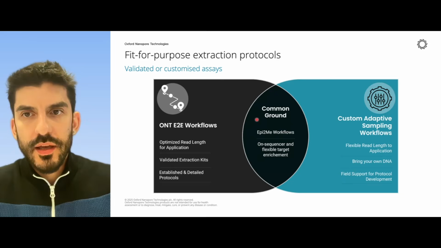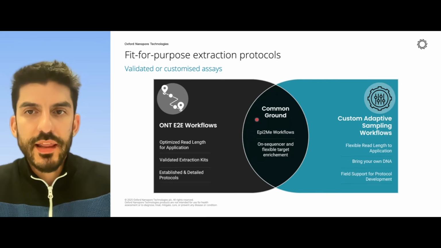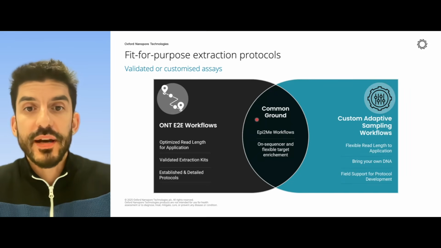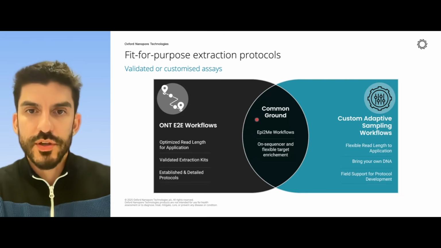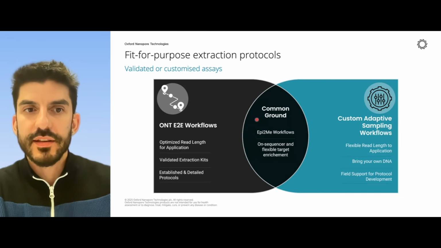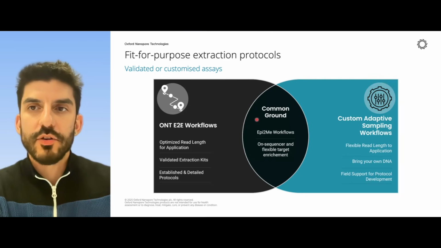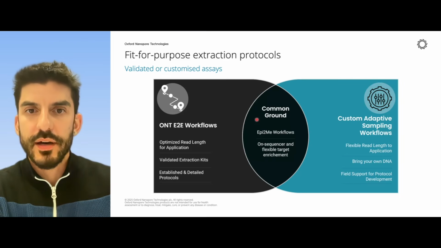Also, it is a feature that we allow users to customize by themselves, as well as we provide some protocols and workflows that are predefined, in which we optimized all of these conditions that I've been talking about so that you get the best out of the run for particular panels.